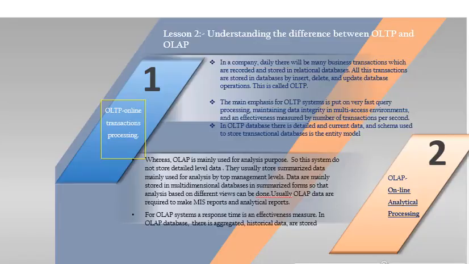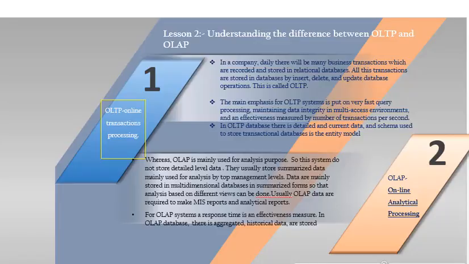OLAP is online analytical processing. OLAP is mainly used for analysis purposes. So these systems do not store detailed level data. They usually store summarized data, mainly used for analysis by top management levels.